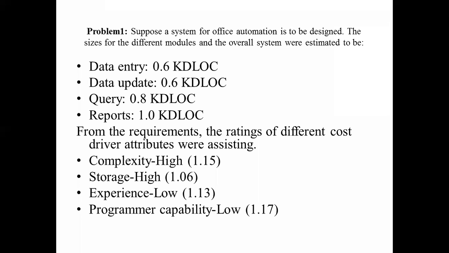These are the different multiplying factors: complexity high 1.15, storage high 1.06, experience low 1.13, programmer capability. So whenever you search the table for the different multiplying factors, you will get in the book this table, and 15 different multiplying factors you can find there, with different values.